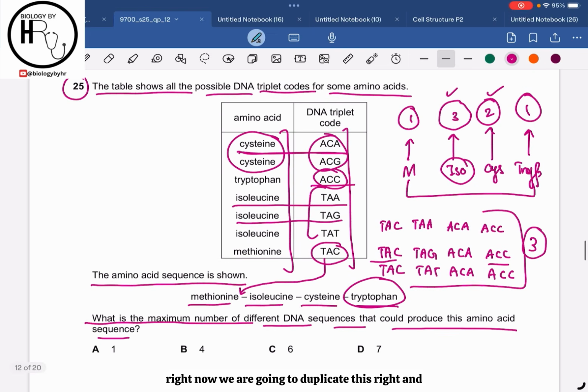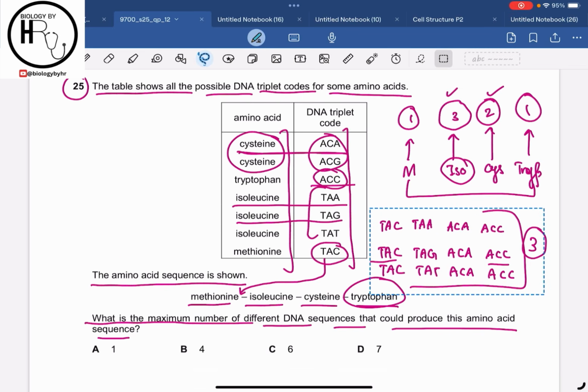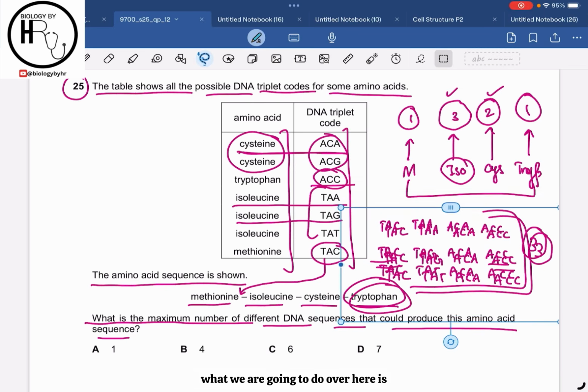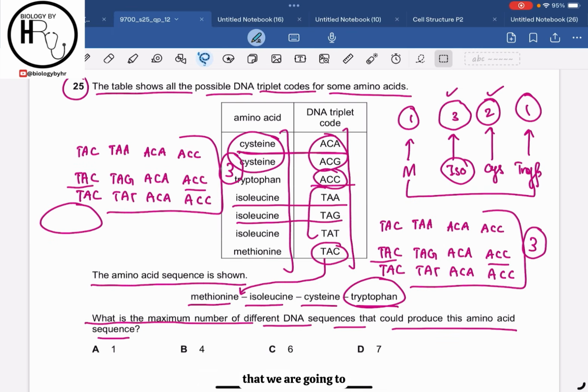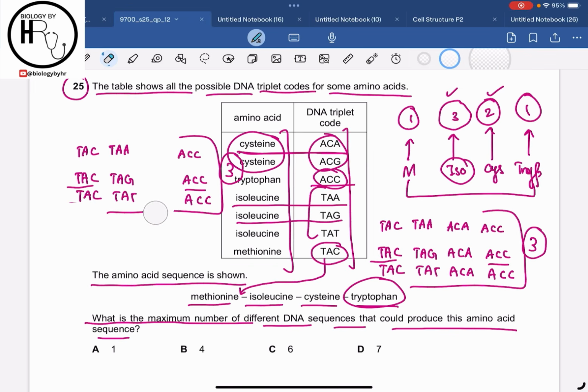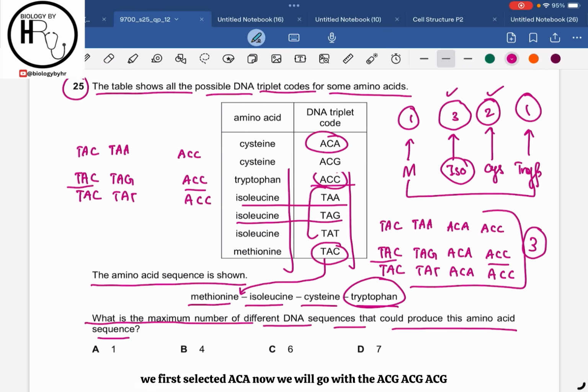Now we are going to duplicate this and change the value for the cysteine. We first selected ACA, now we will go with ACG.